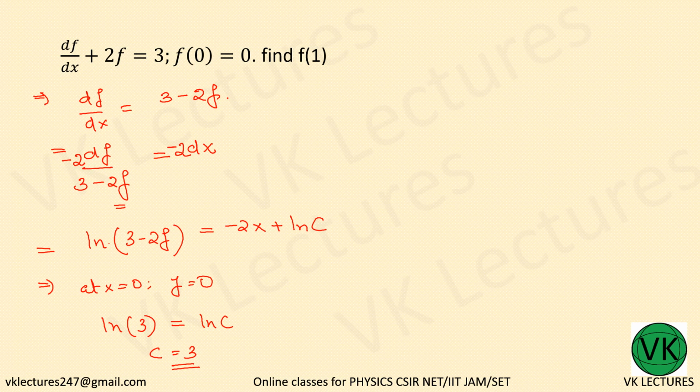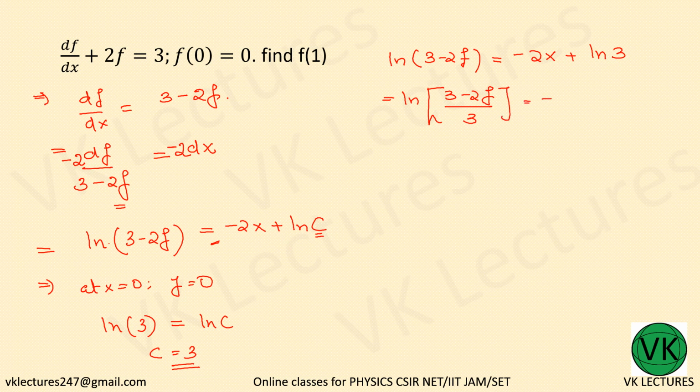Now once again taking this equation with c replaced with 3, so log of 3 minus 2f equal to minus 2x plus log 3. Now bring this log 3 to the left side, what you are going to get is log of 3 minus 2f divided by 3 equal to minus 2x.